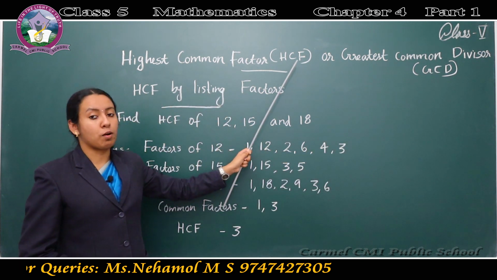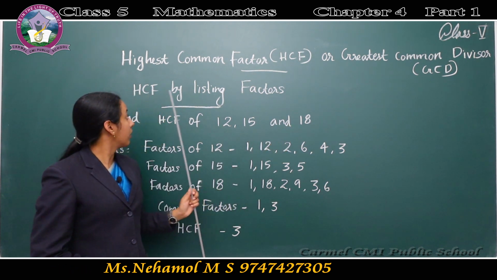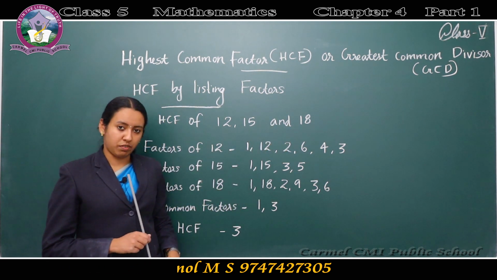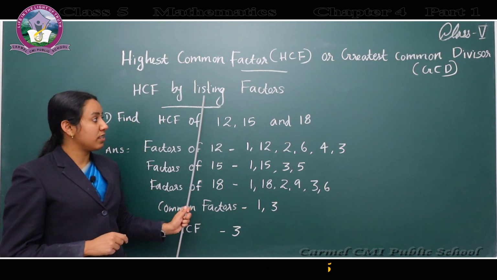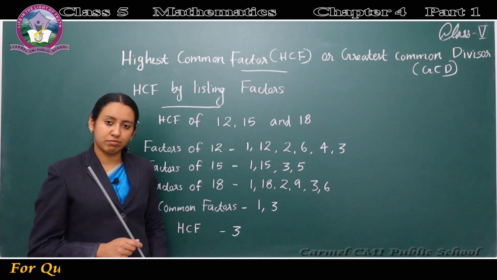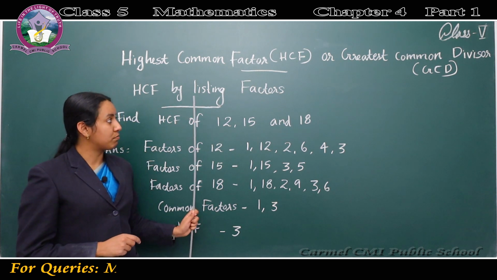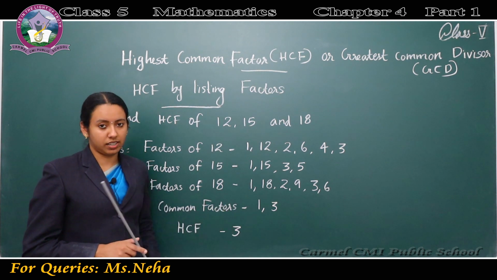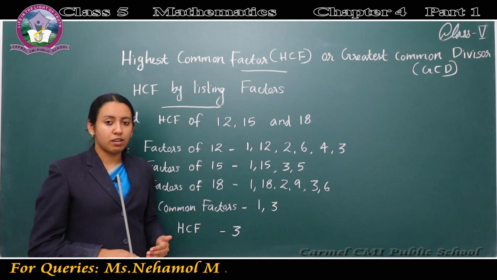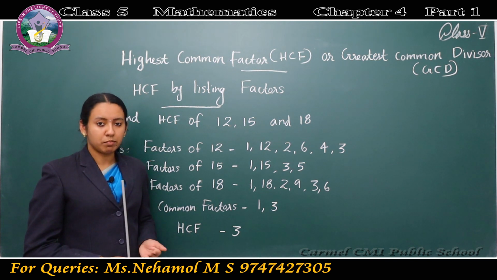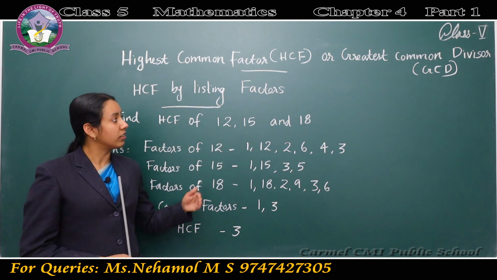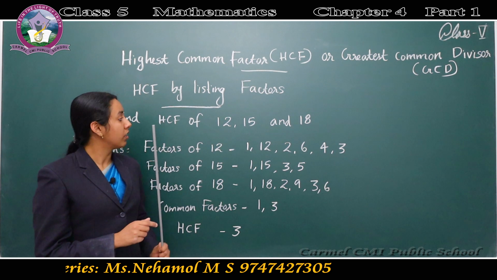There are different methods to find HCF. One method is HCF by listing factors, that we already studied. First we have to list the factors of given numbers, then find common factors, then find the highest common factor.